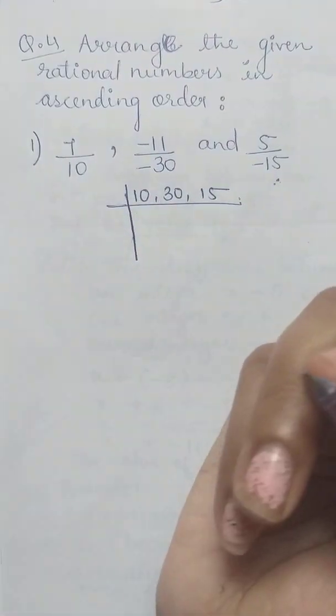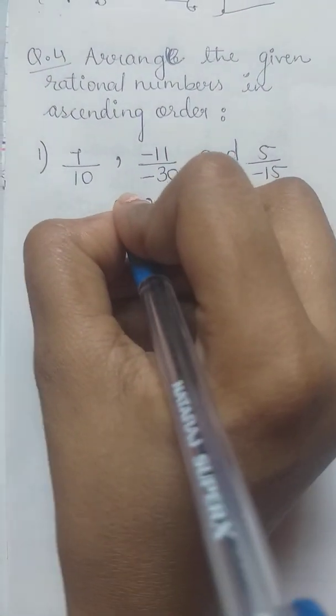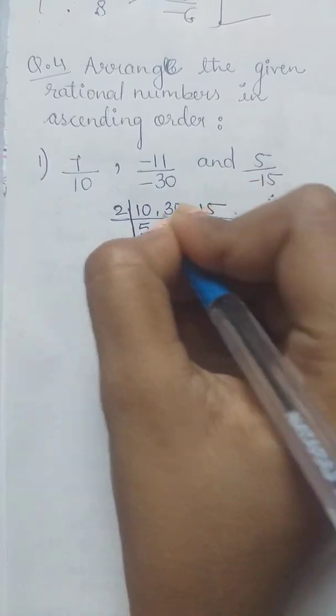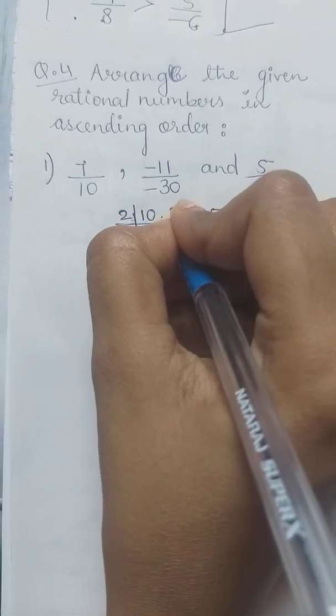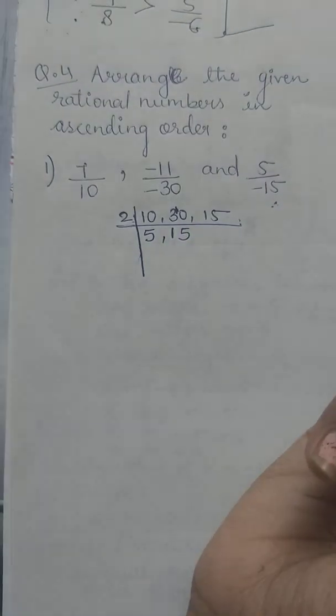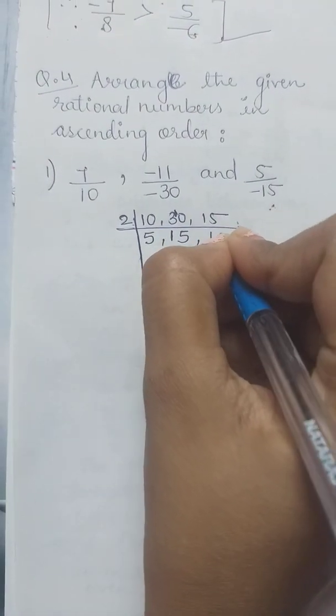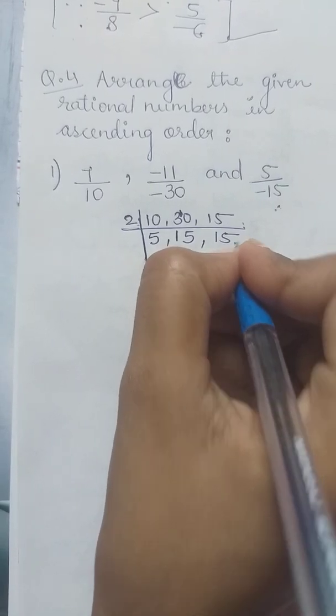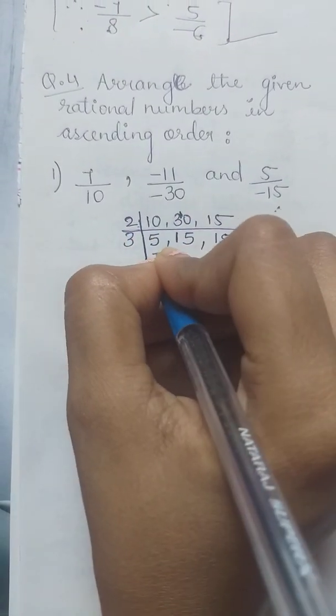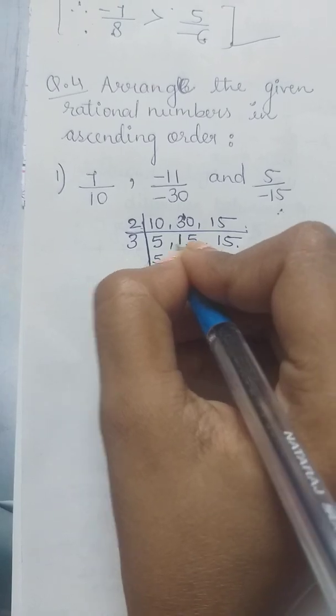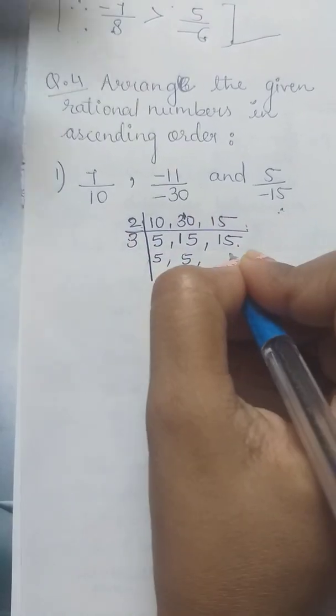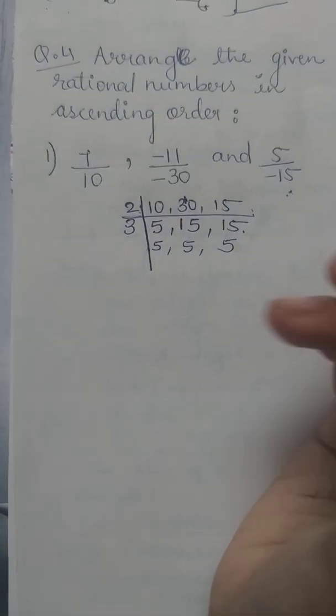So first of all, I'll use the table of 2. 2 5s are 10, 2 1s are 2, 2 5s are 10, and 15 will remain the same. Now the table of 5 will go over 3. 5 will remain the same. 3 5s are 15, 3 5s are 15.